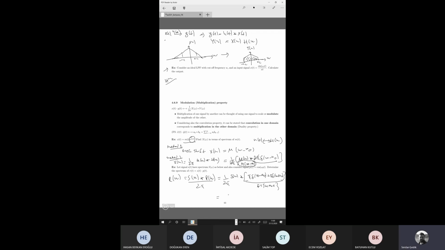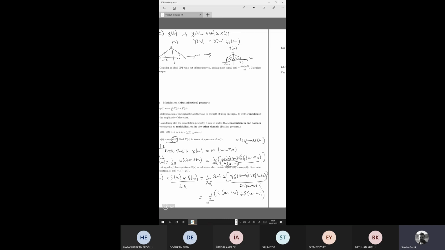So this is equal to 1 over 2 times S of omega minus omega 0 plus S of omega plus omega 0. So multiplying with cosine simply shifts the spectrum to the left and right and divides by 2. So this is the effect of multiplying with a cosine term.